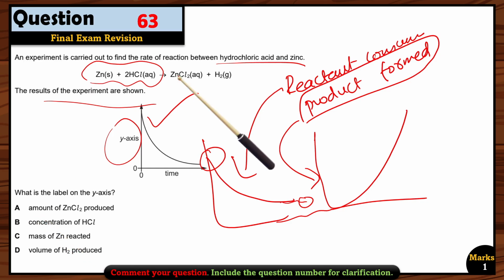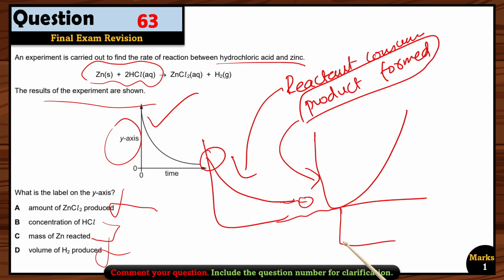The amount of zinc chloride is of course the wrong option because it's a product, and H2, again wrong. So now we are only left with two options: concentration of HCl and mass of zinc reacted. If they say that mass of zinc is reacted, it means they are not talking about what is left behind. They are talking about what has been consumed, right?